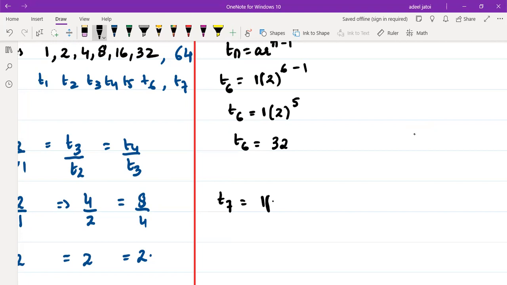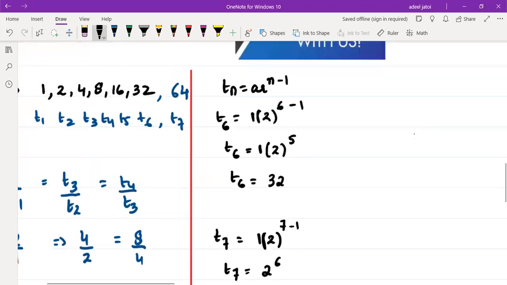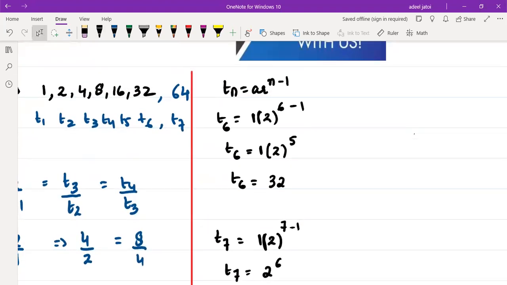Your R is 2, and this will be 7 minus 1. So T7 will be 2 to the power 6, and T7 should be 64. So this is the formula that we normally use, that is Tn is equal to A R^(n-1).